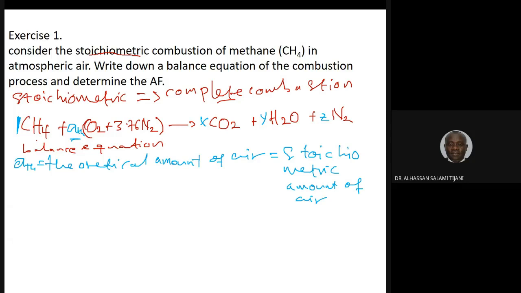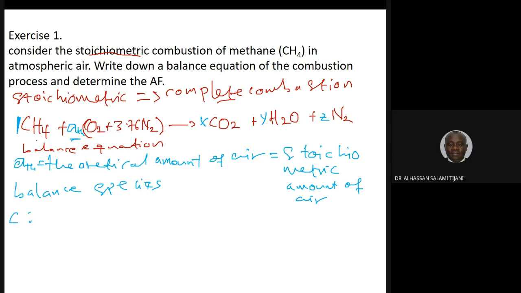First, let us balance the species. Now first we will consider carbon.